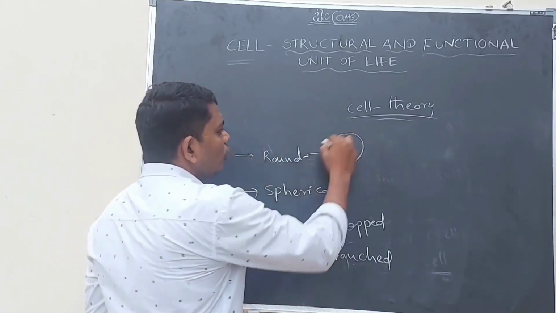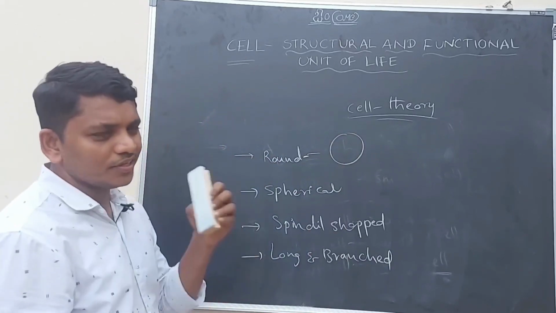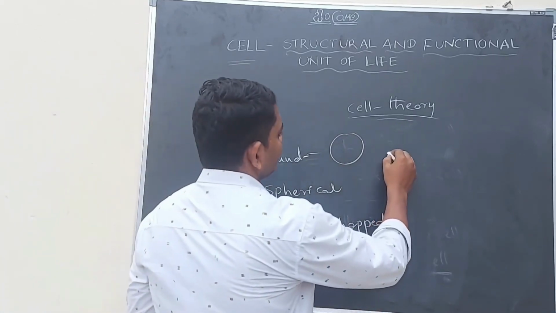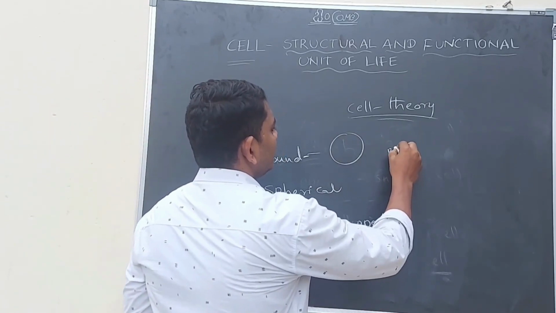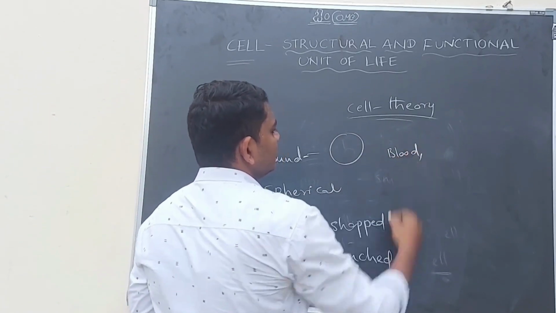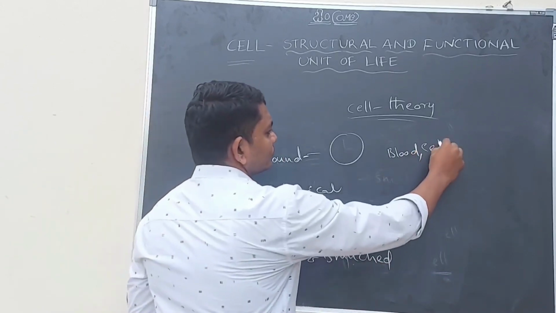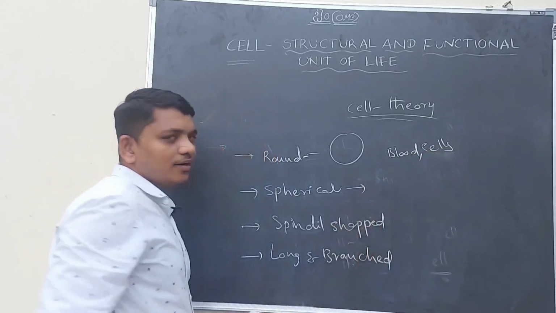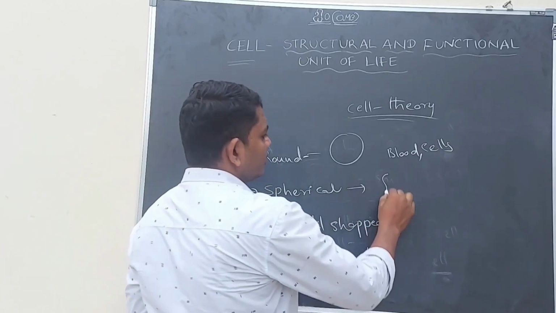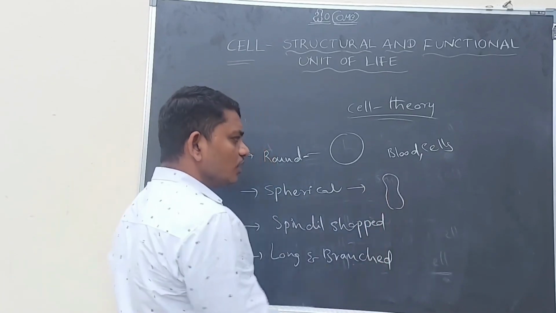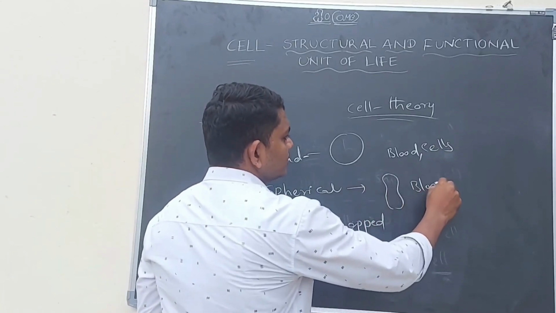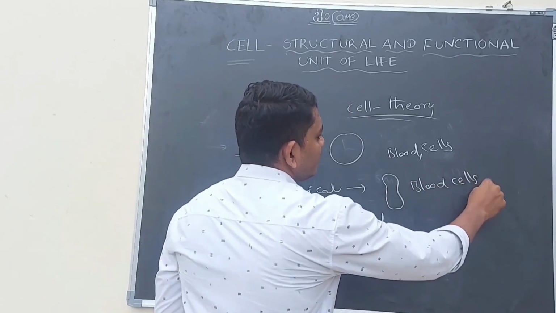Some cells are round in the structure, round in the shape. Examples are blood cells, red blood cells or white blood cells, whatever it may be, blood cells. And some cells are spherical like this. Some blood cells are in spherical shape.